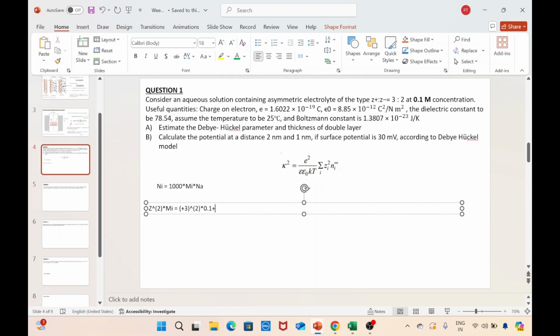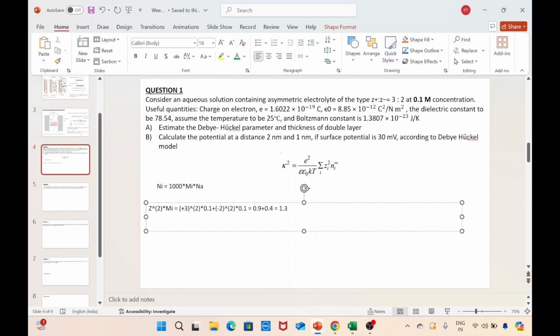Similarly for the anion, the charge will be negative, so minus 2 whole square times 0.1. So what is the value? 3 square is 9, 9 times 0.1 is 0.9, plus you have 0.4. So this value is nothing but 1.3.